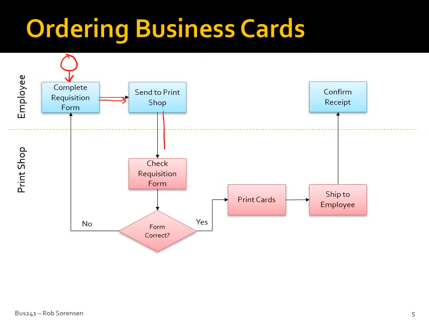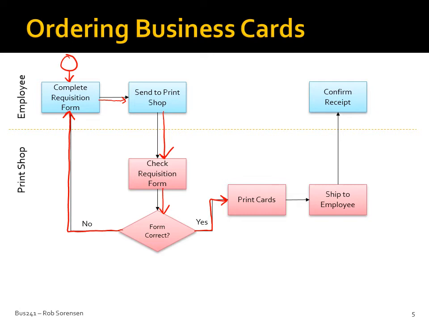The print shop then checks it over and asks, is the form correct? There's a yes/no question. If it's not, they send it back to me, and I complete it again. If it is correct, we can carry on. We can print the cards, then we ship them to the employee, and the employee then confirms receipt.